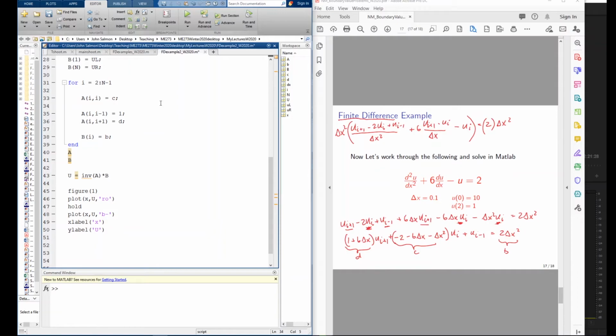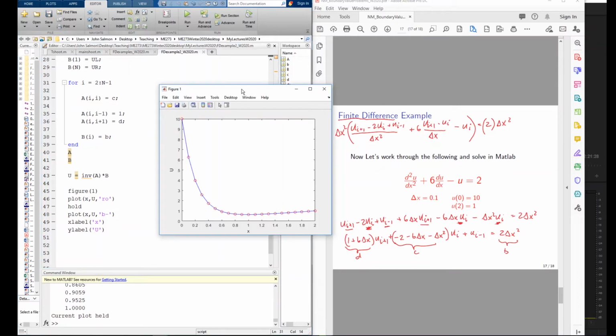And I pull the figure in, and sure enough, we have a function, which is the solution to an ordinary differential equation. It's u, and it's approximated using the finite difference method, and it starts off at 10, and it goes all the way to 1, and these are the values in between across the unknowns, all the way from x0 to probably x20 or x21.